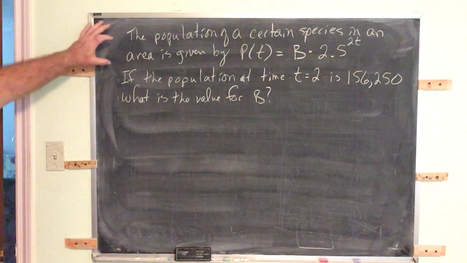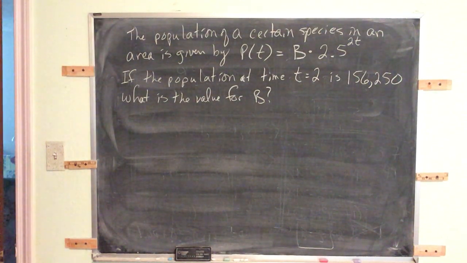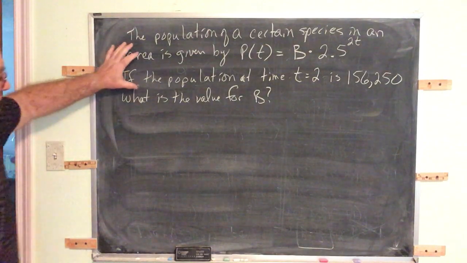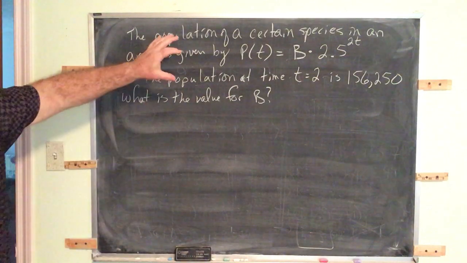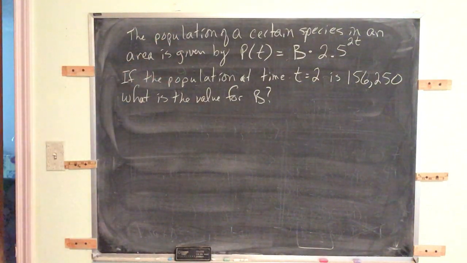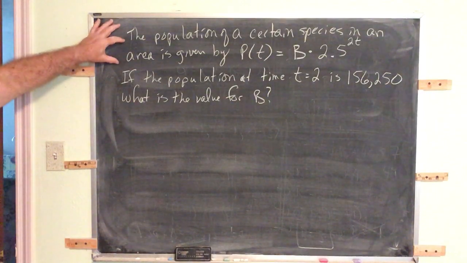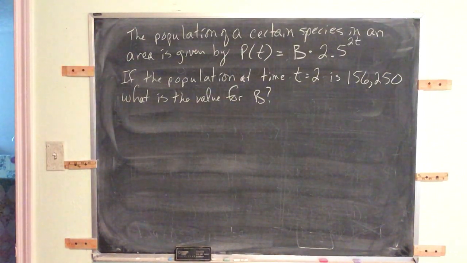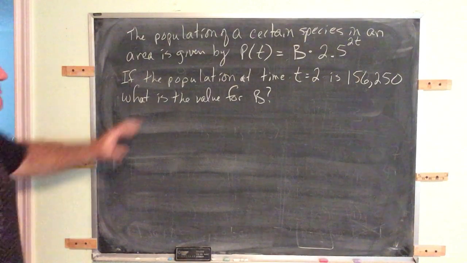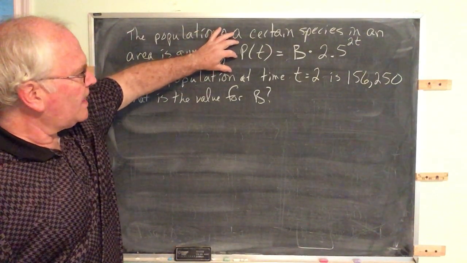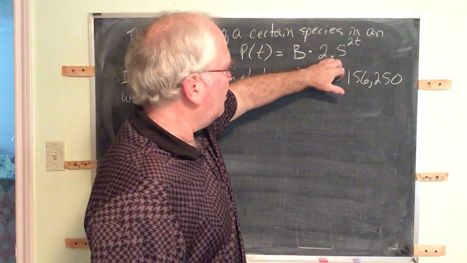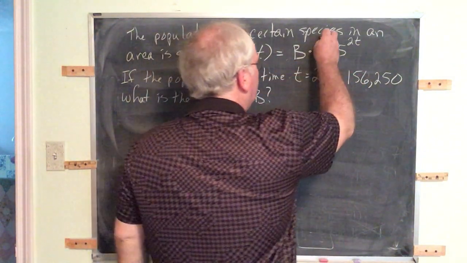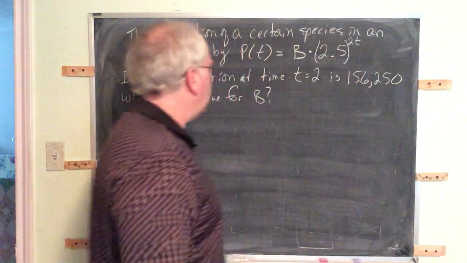Right, here's the third of a problem of this variety. This involves, again, the similar notion of finding a value of b in our problem, but now this is involving our exponential models that we've been working with. We're given that the population of a certain species in an area is given by P of t equals b times 2.5 raised to the 2 times t power.